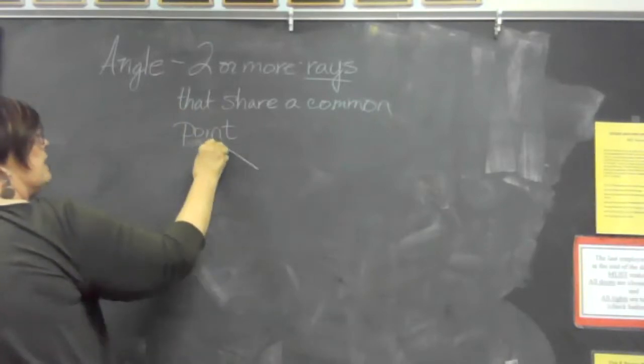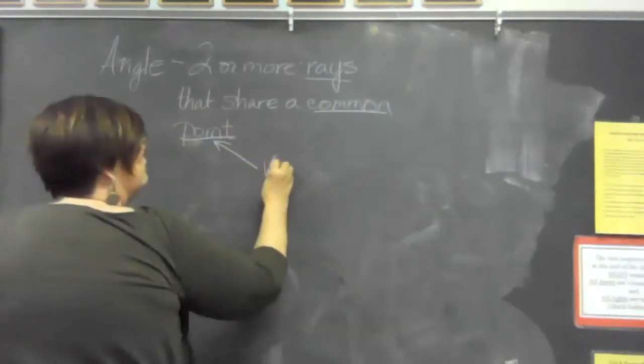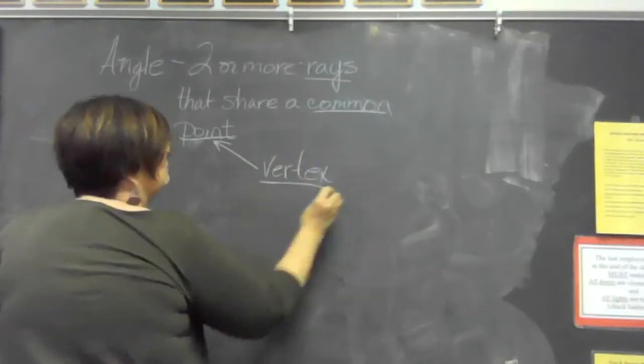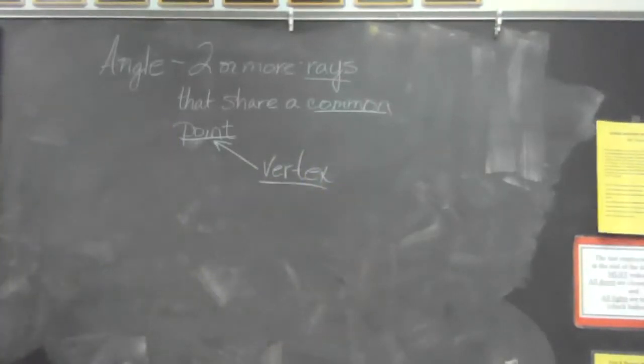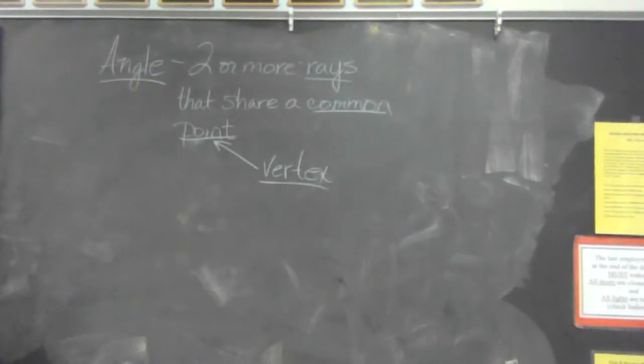And that common point is going to be called the vertex. So the definition of an angle is 2 or more rays that share a common point, and that common point is called the vertex.